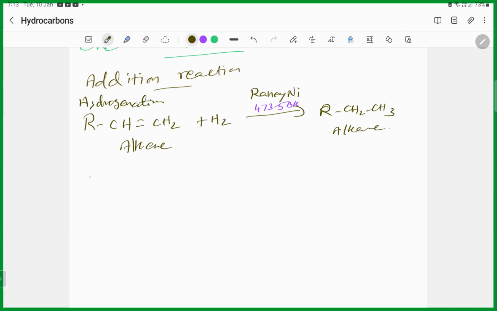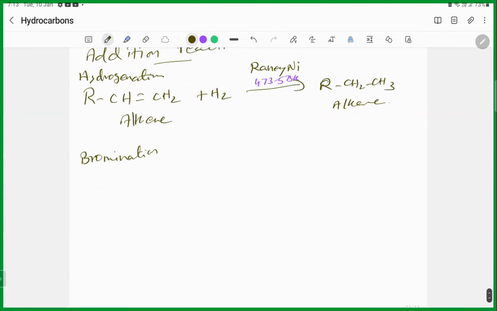And then bromination. Bromination is the same: alkenes in the presence of Br2 in CCl4 will give R CHBr CH2Br.